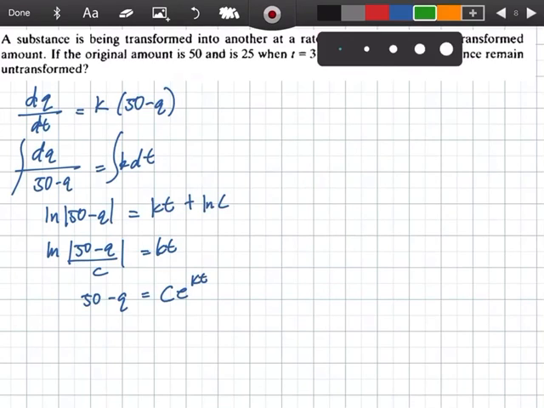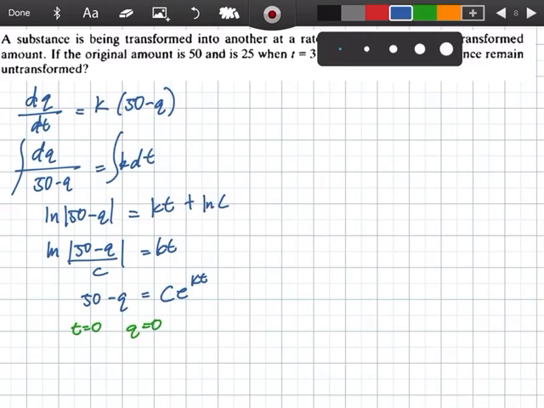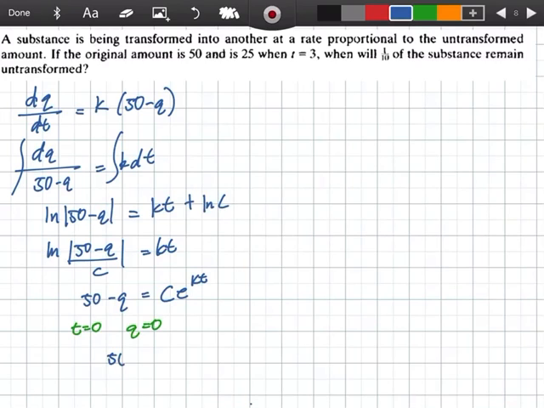Now, it says the original amount is 50, so when t is 0, Q is 0. So 50 minus 0 is equal to 50 C e to the k times 0, which is 0. So C is equal to 50.